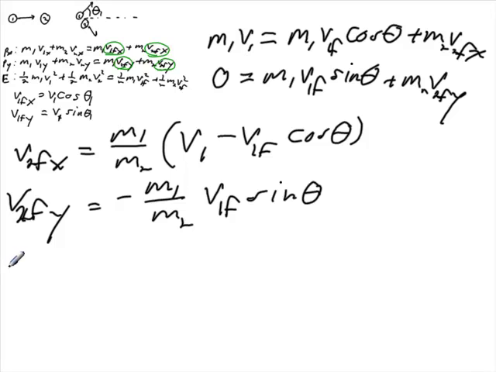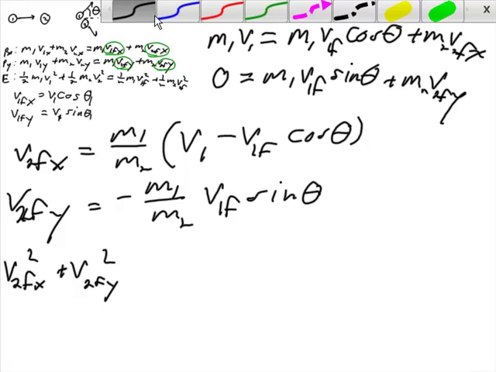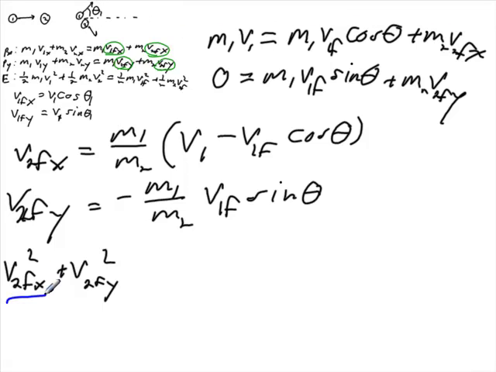Squaring the first one, v2 final x squared, plus v2 final y squared. To help us keep it straight, I'm going to do this in blue, and then I'll do the other in green. So this will be m1 squared over m2 squared. They both have that. Now I have to square each of these terms.